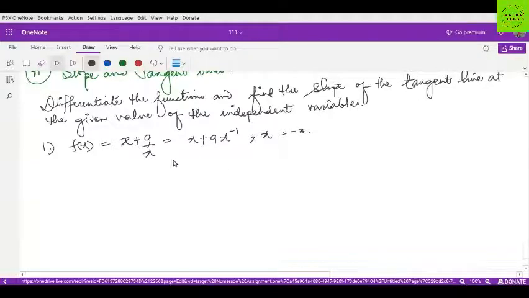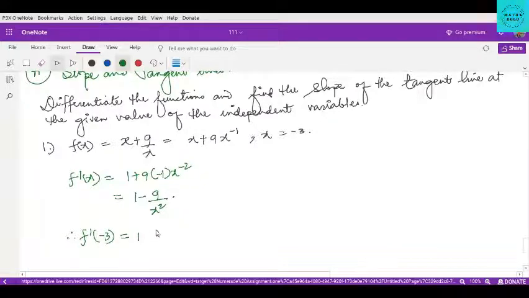So we have the solution to this problem as f dash x equals 1 plus 9 into minus 1 into x to the power minus 2, which is equal to 1 minus 9 upon x square. Now you have to find it at x equals minus 3. So f dash minus 3 equals 1 minus 9 upon 9, which is equal to 0.